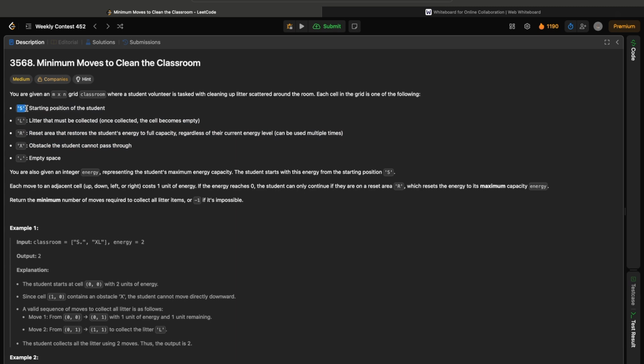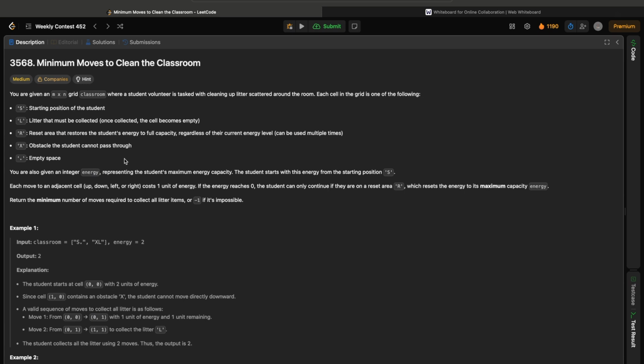So basically, S stands for the starting position of the student, from where the student will be starting. L is nothing but the litter that must be collected. Once collected, the cell becomes empty. R is nothing but the reset area that restores the student's energy to full capacity.